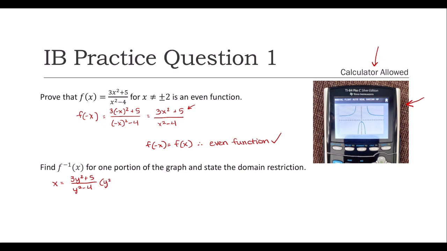We can multiply both sides by the denominator and then distribute this x into here. So we get xy squared minus 4x equals 3y squared plus 5. We want both y squared values on the same side, so we'll subtract 3y squared from both sides, and we'll add 4x to both sides.